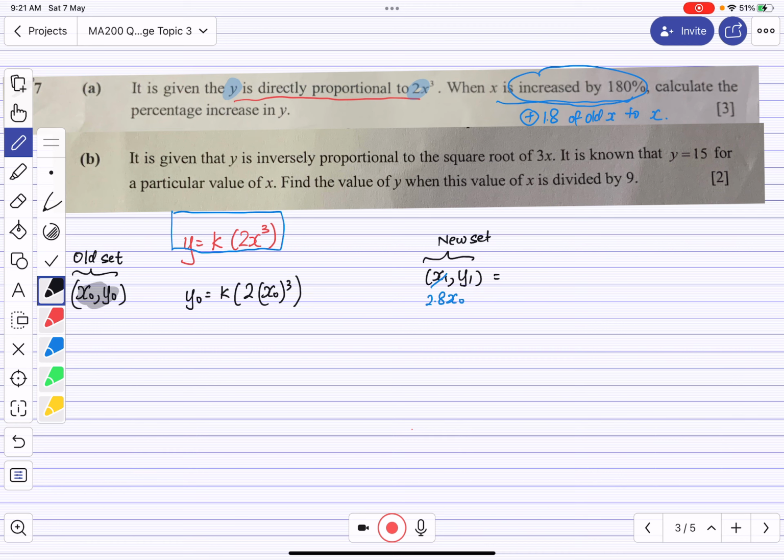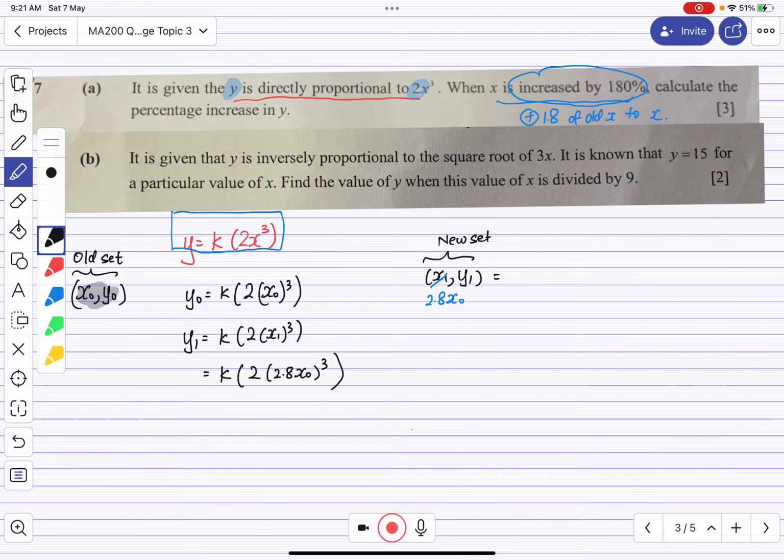We will have y1 equals k of 2 x1 cubed, which is also the same as k of 2 of 2.8 x0 cubed, because this is how the new x and the old x are related, since the new x is increased by 180%.